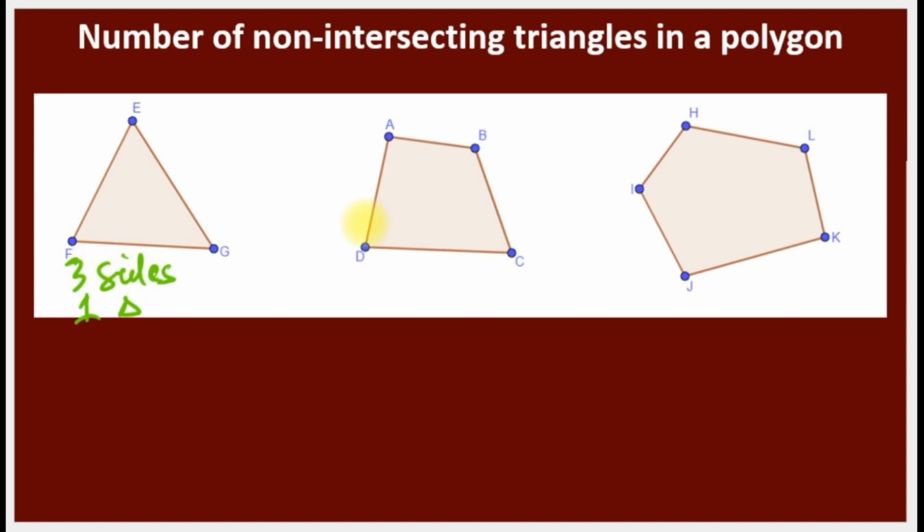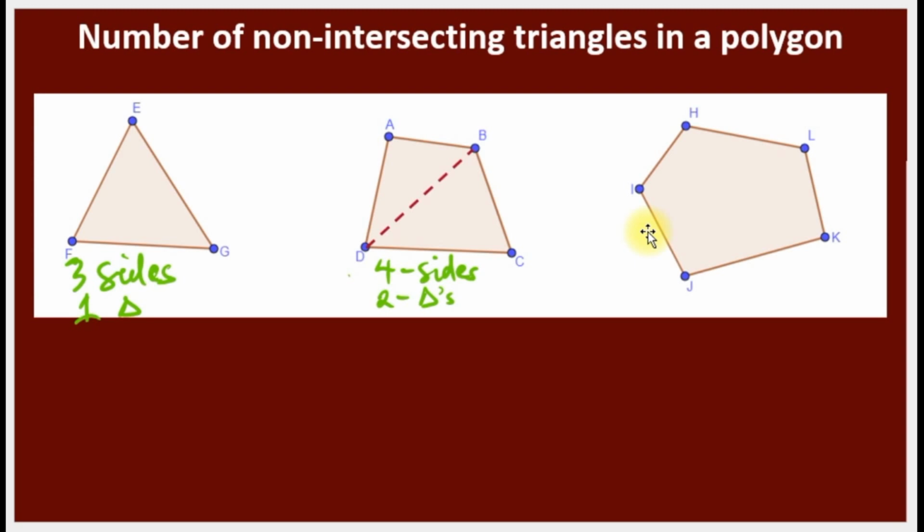But looking at this, let's join vertex B and D. We now form 2 triangles. So we have 4 sides, and how many triangles? 2 non-intersecting triangles.